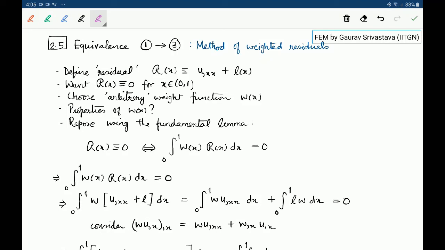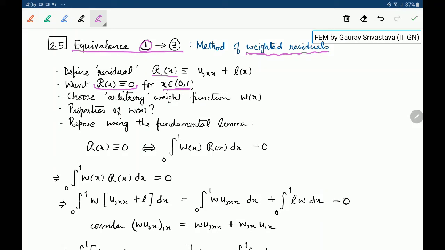Now the equivalence of 1 to 3 is also straightforward, and basically it uses something called the method of weighted residuals. Recall that we will start with 1, which is the PDE form. So we define the residual R of x as u comma xx plus L of x, and we want this residual to vanish throughout the domain.